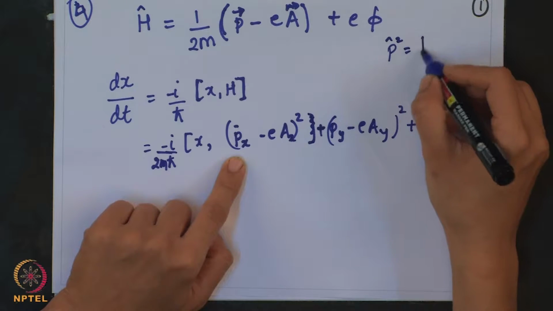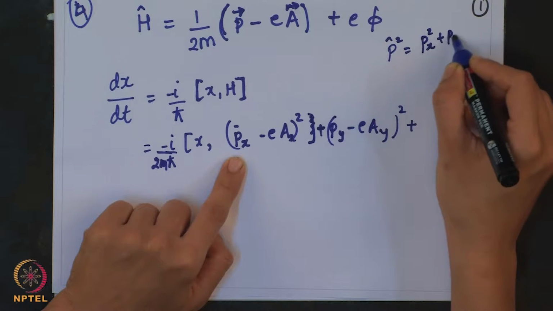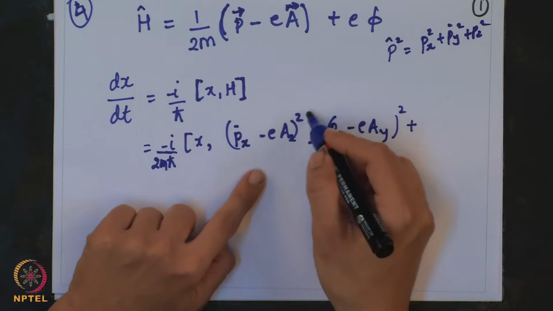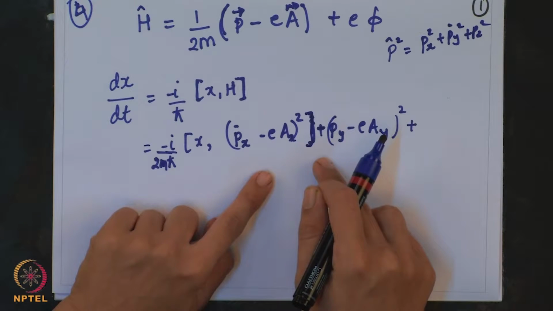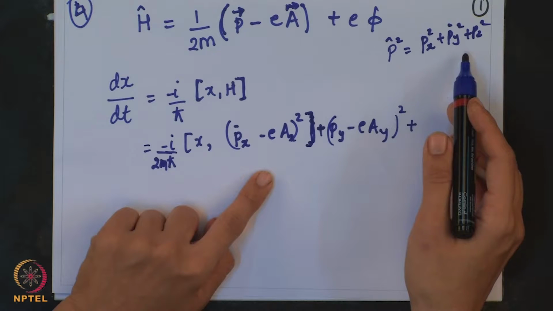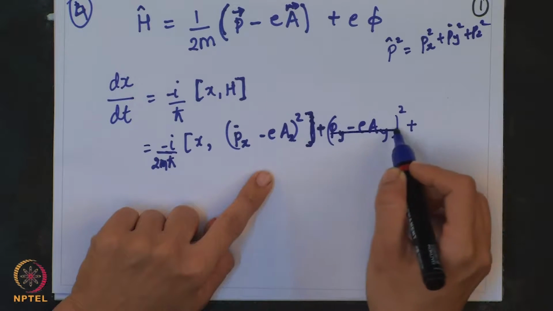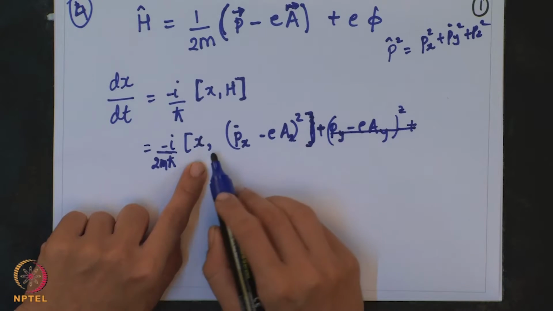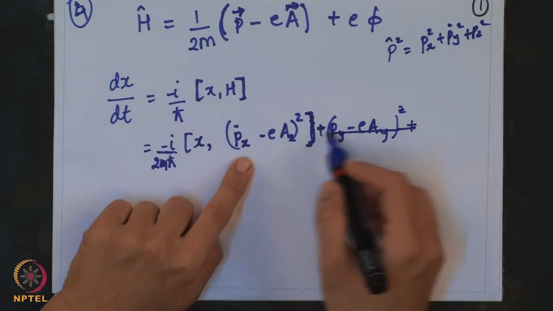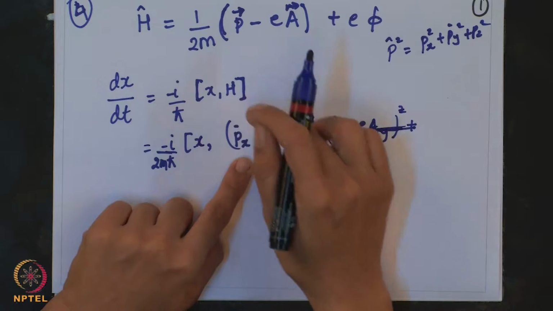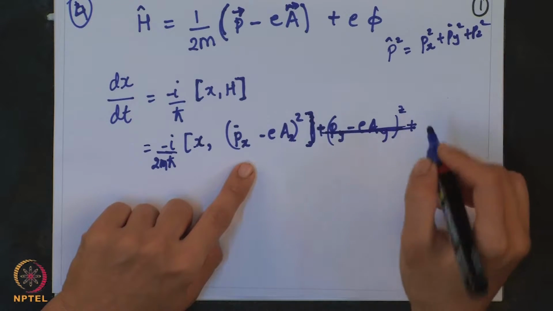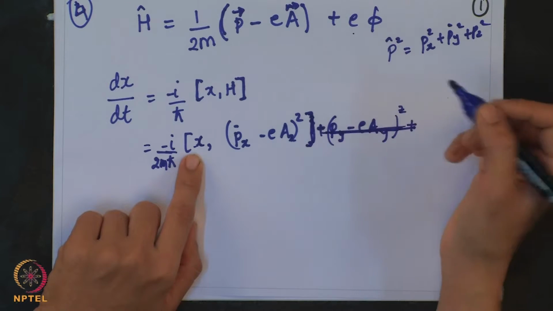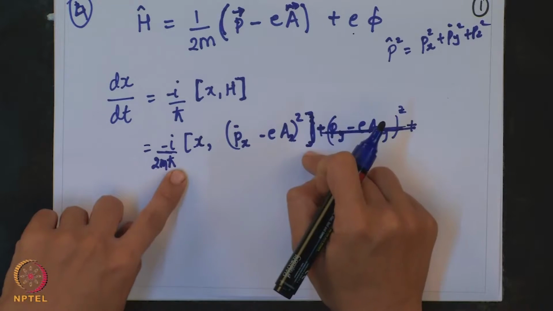How did we write it? We wrote it as px square plus py square plus pz square, correct. So here only this term will contribute, that is why I am writing this term, and the remaining terms would not contribute. They will commute and give 0, and this will give you a non-zero result. So I can take just the px term, and the commutator of e phi with x will also be 0. So the only contribution in the entire Hamiltonian comes from this.